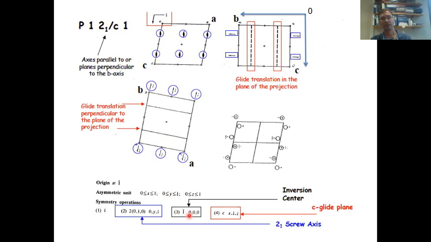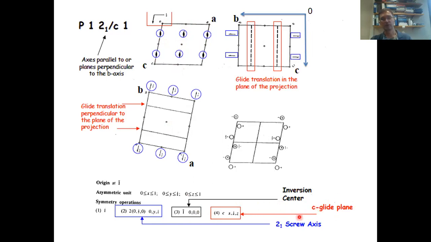Okay, then we have here the position for the inversion center, which is just at the origin, and all the other inversion centers follow due to the symmetry of the unit cell.